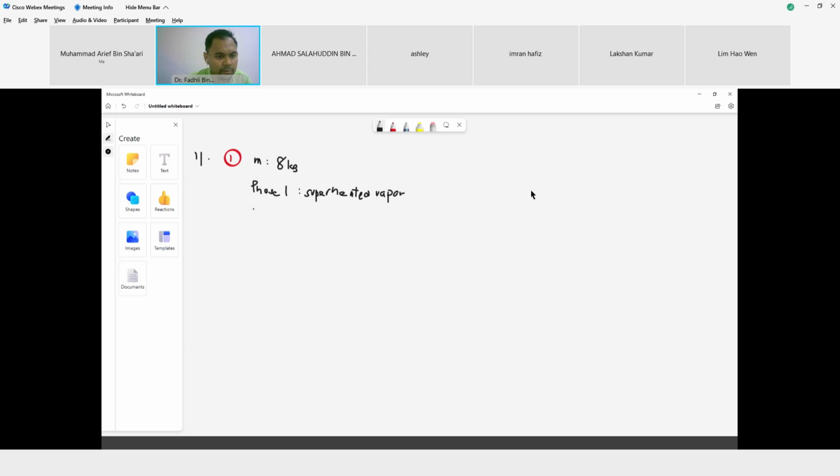Pressure 1, the initial pressure, P1 is 500 kilopascal. And T1 is 300 degrees C.